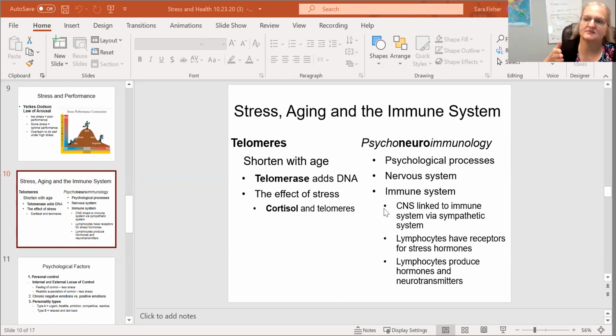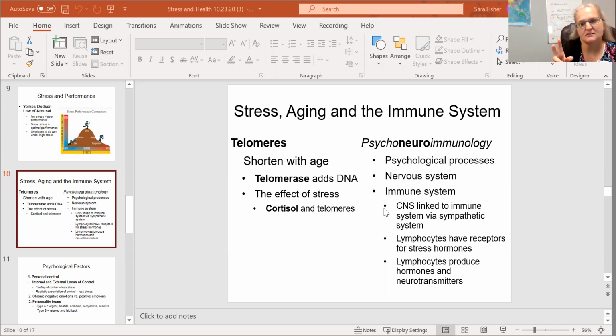Cortisol means the cells have fewer opportunities to divide. So cortisol reduces telomeres, and when all the telomeres at the end of your DNA strands are gone, the cells die and can't reproduce. When your cells die, that's when we age, and eventually we die. I hope that makes some sense.